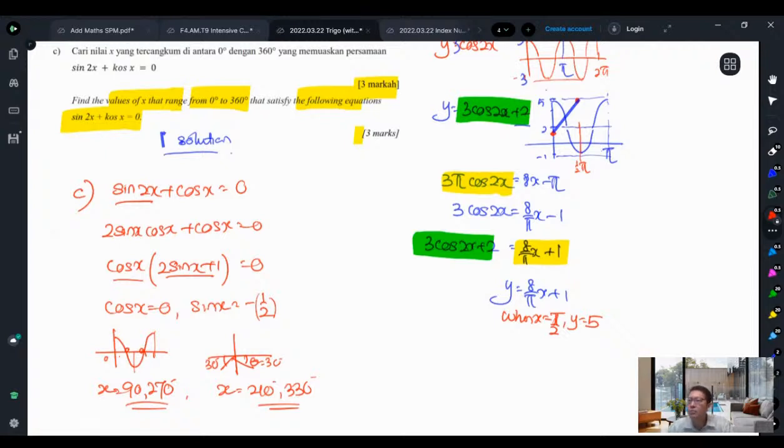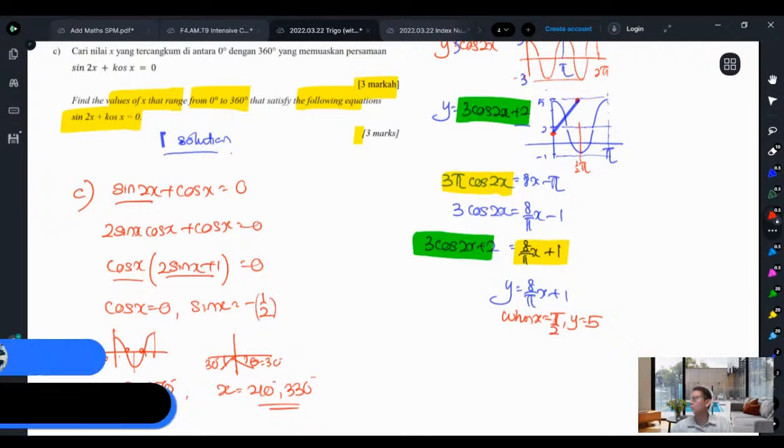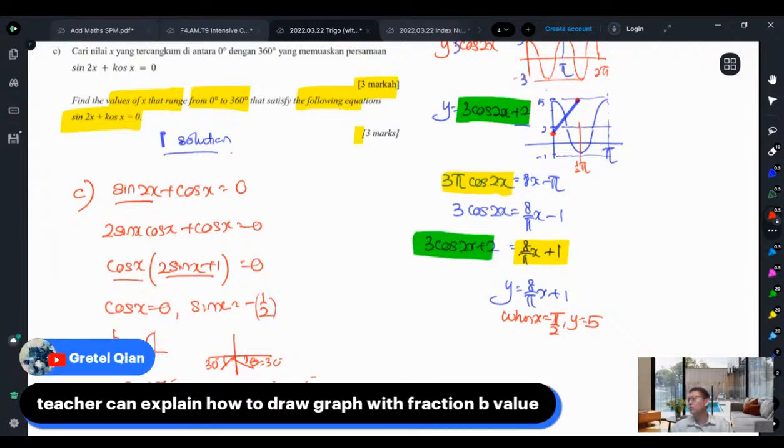Teacher can explain how to draw graph with fraction b value. Can you give me a question? I have no question.